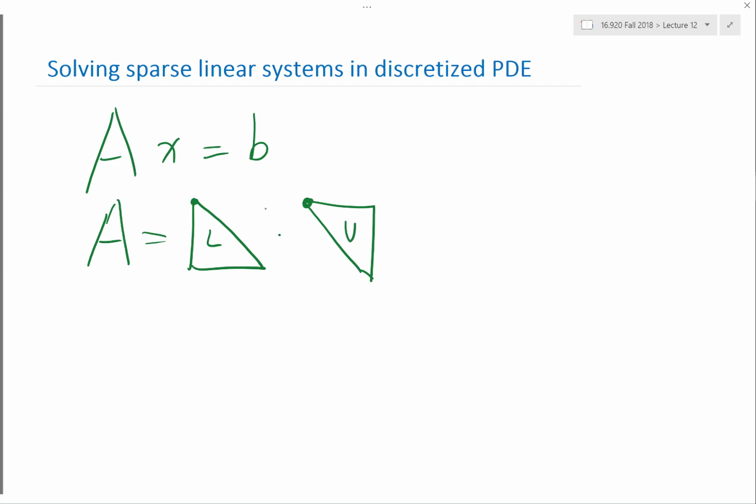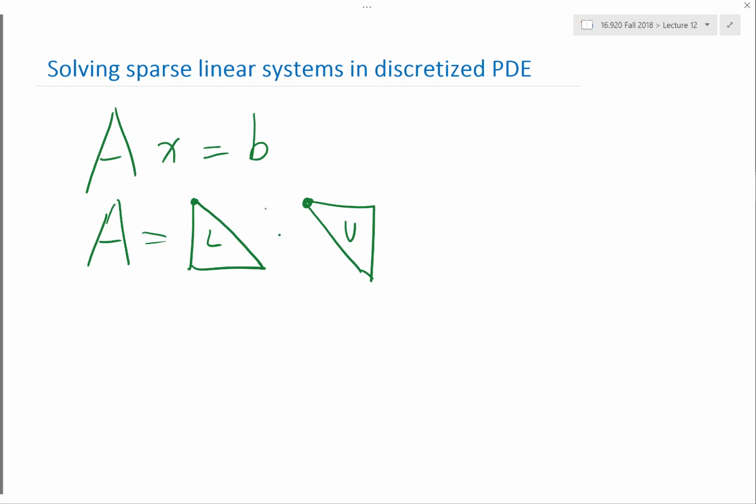So if L is lower diagonal and U is upper diagonal, the very first row of L is actually just a single entry, right? And so is the very first column of U. When you dot product two vectors where one of them is a single entry, you just multiply two numbers.